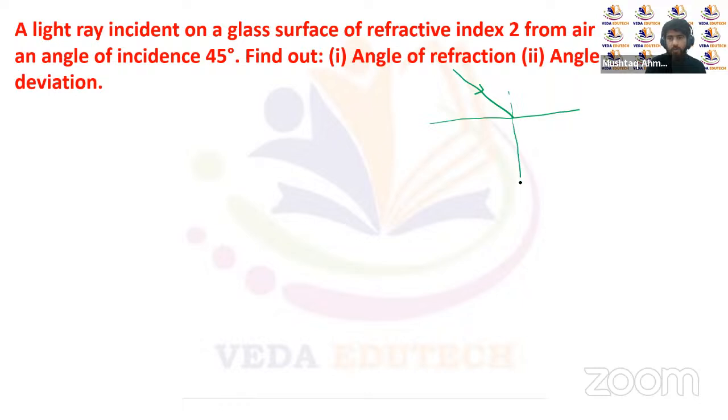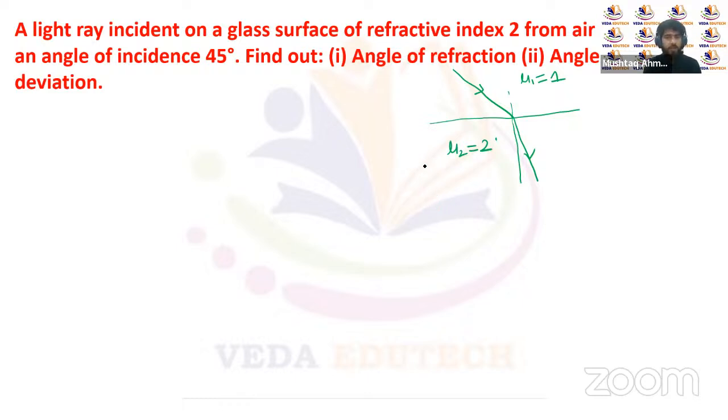This ray of light is going to bend towards the normal. The refractive index of air, mu1, is equal to 1, and mu2, glass, is of refractive index equal to 2.